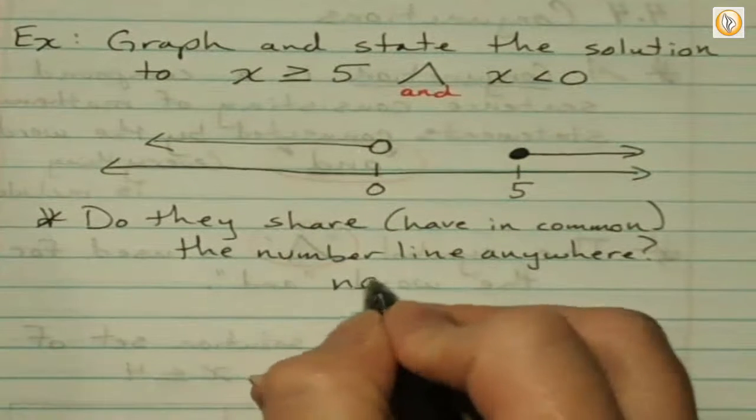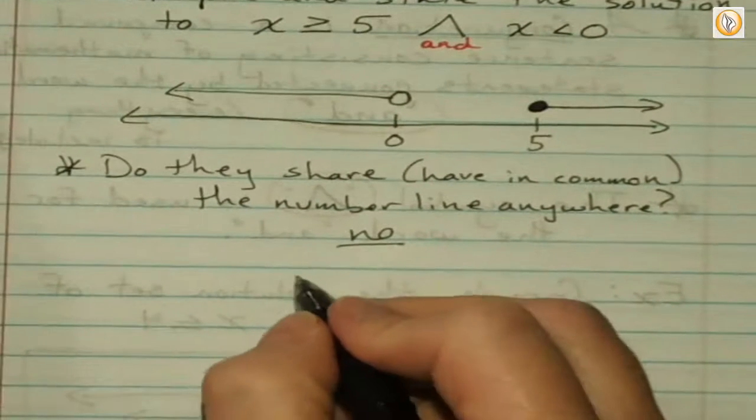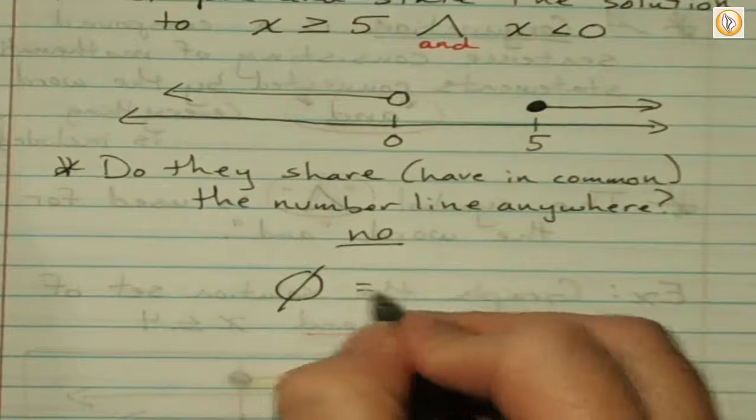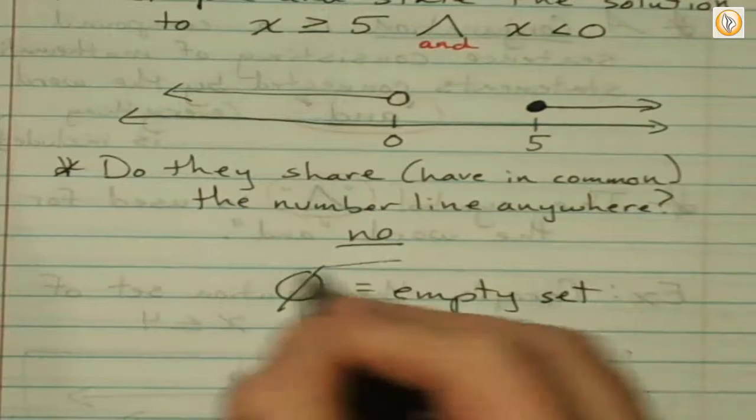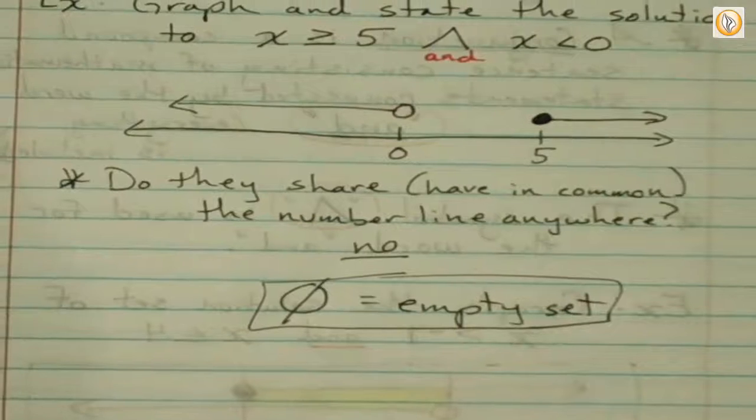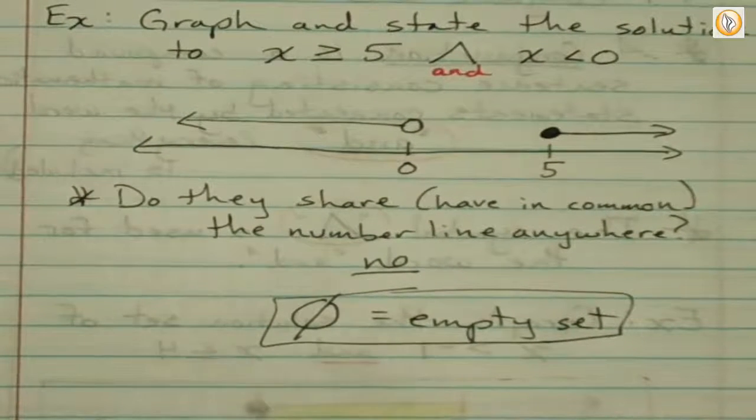You guys said no. Therefore, the answer is empty set. All right, y'all can start working. Okay, so if they don't share anything, the answer is empty set. So see, you have two choices. If you graph it correctly, you find the area that they share, and that's the answer.